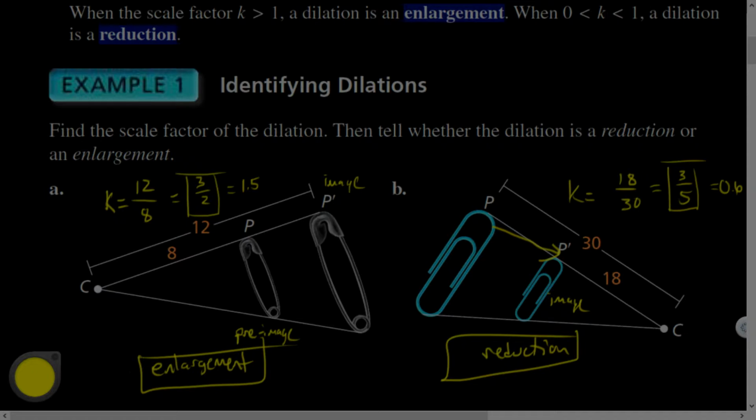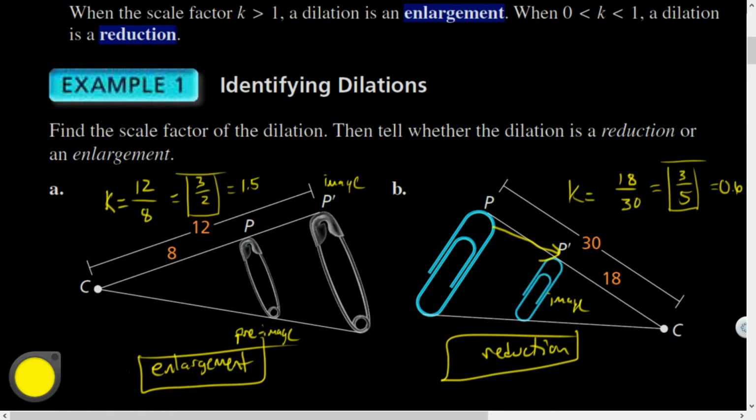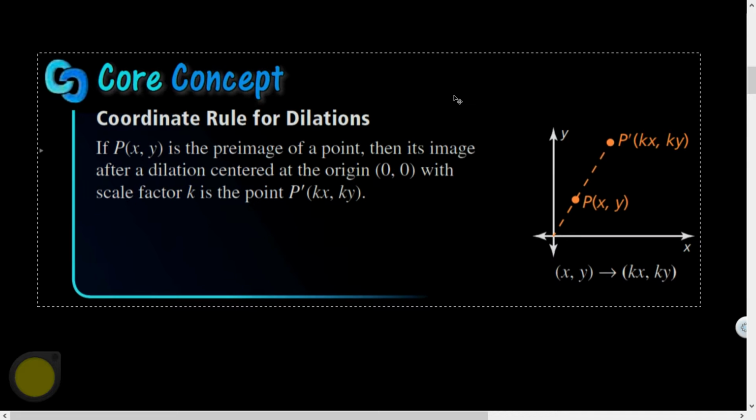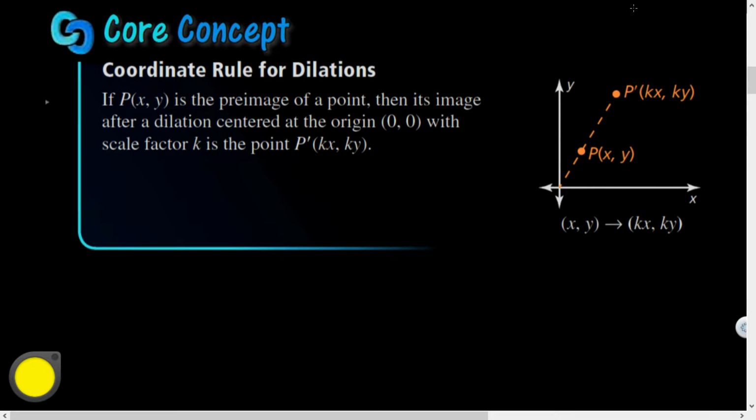It turns out you can also do dilations on the coordinate plane, and we'll have a convenient way of finding the coordinates. It's super convenient. Coordinate rules for dilations: if you have a point x, y, and it's dilated with the center of dilation at the origin, so there's my center of dilation, and the scale factor is k, then literally what you do is just multiply the x and y coordinates by k.